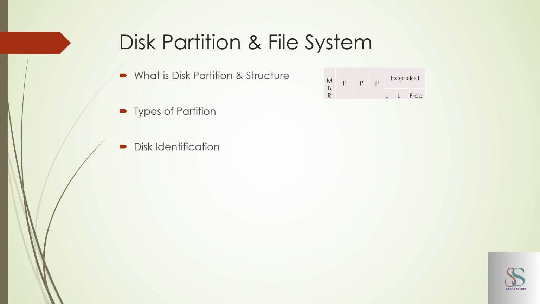Then disk identification, how we can identify the disk. Then how to create a partition, how to mount that partition, and how to format that particular partition with a file system. Then file systems, then mounting.